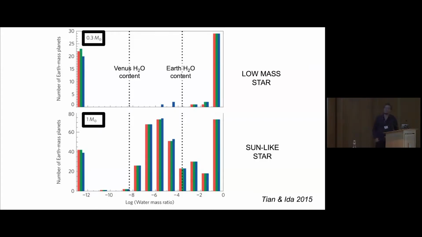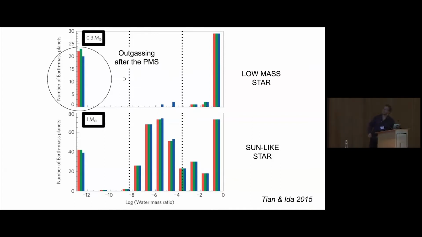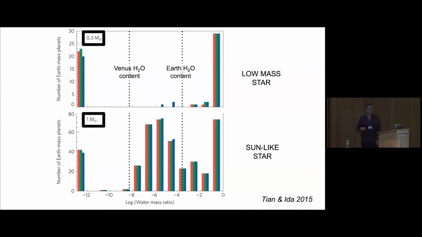These arguments have been pointed out quite elegantly in the Tian and Ida 2015 paper, which demonstrated, starting from a population of terrestrial planets with different water composition, that if you are looking at planets orbiting M stars, so very low mass stars, you could end up in two populations: a population extremely rich in water and volatiles, CO2, CH4, whatever type of volatile, and a second population on the left of planets completely dry.